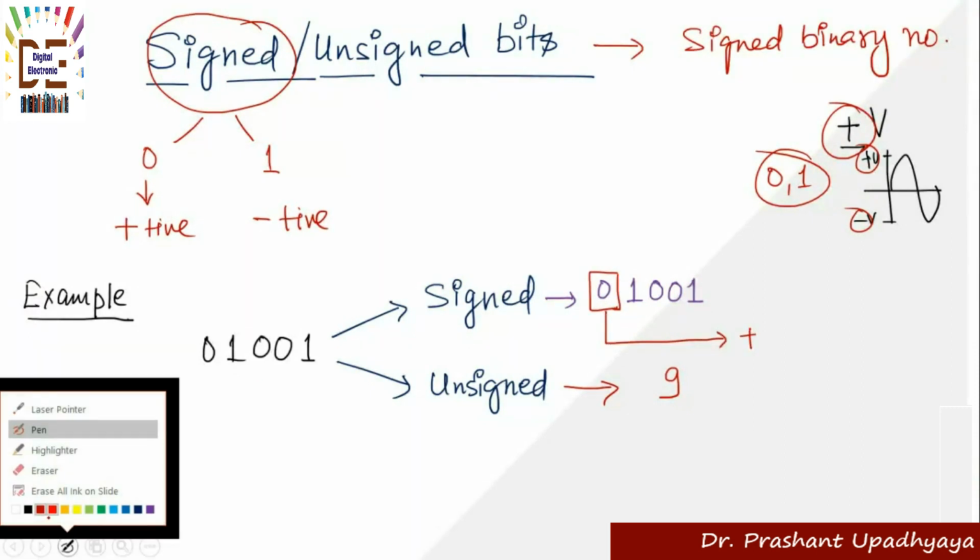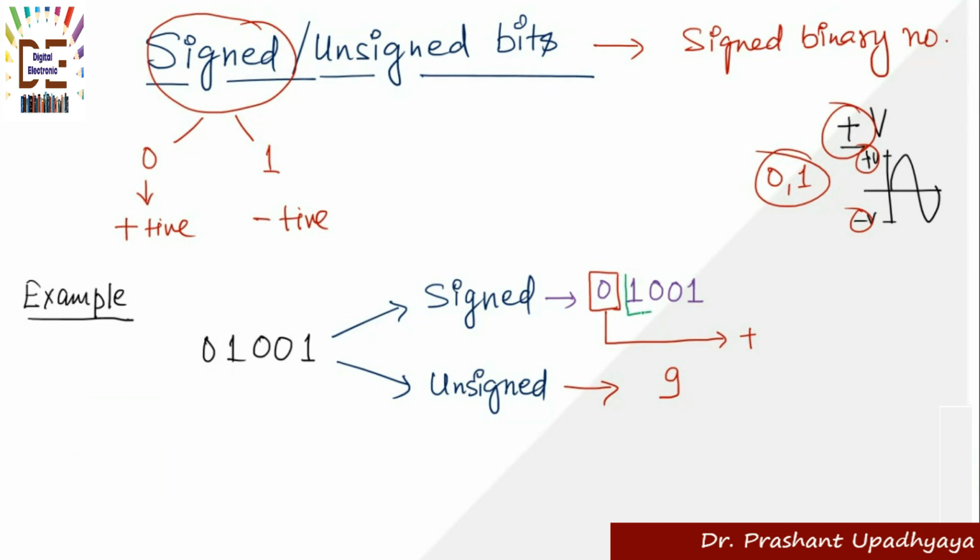The rest of the bits will represent the decimal equivalent. What is the decimal equivalent of this? 9. So it will represent plus. So unless it is stated, if I give you the number 01001 and you say it is positive 9, that is a wrong answer.